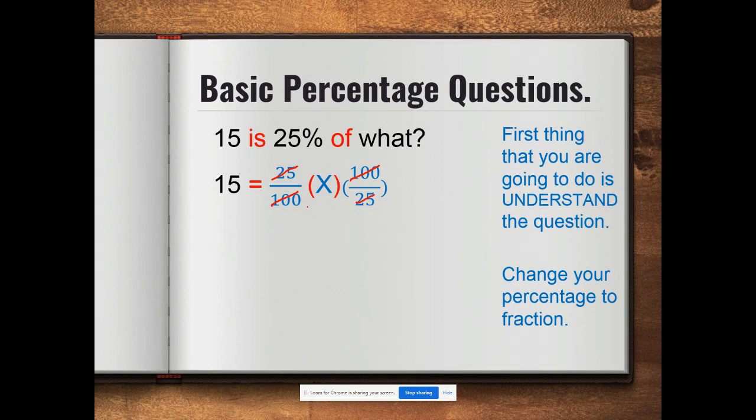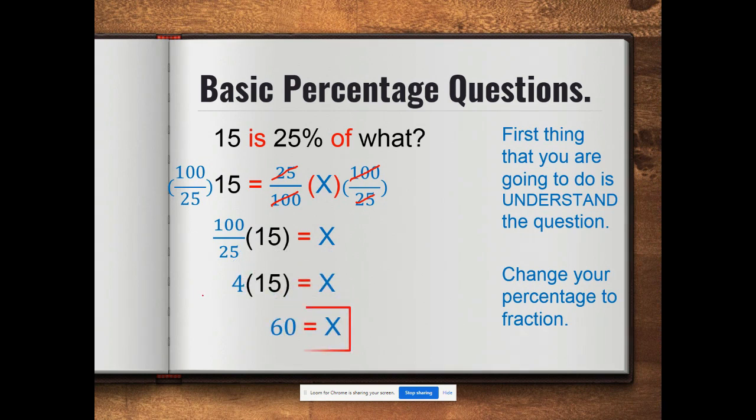That will leave us x here on the right side alone. And don't forget, whatever you do to the right is the same thing that you do to the left. So we're going to multiply 100/25 to 15 as well. So this is going to be like this. Now simplify. It will become 4 times 15, and the final answer is 60.